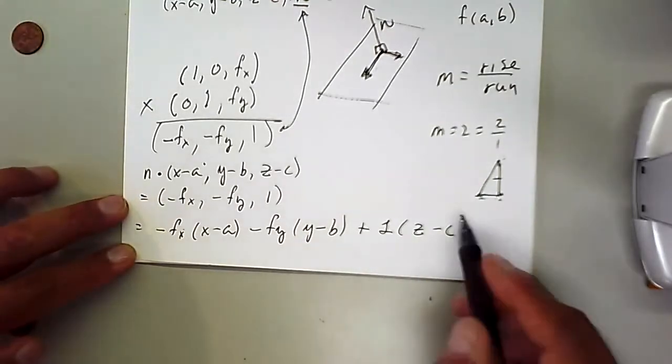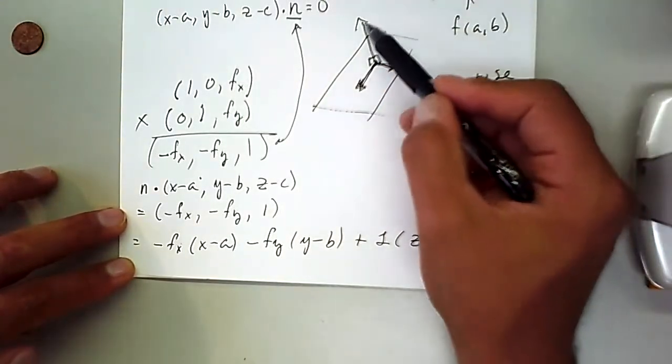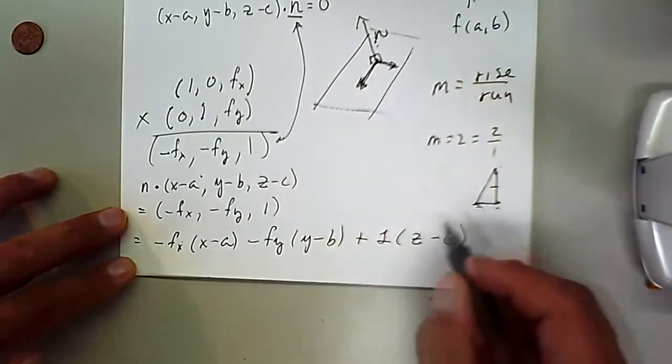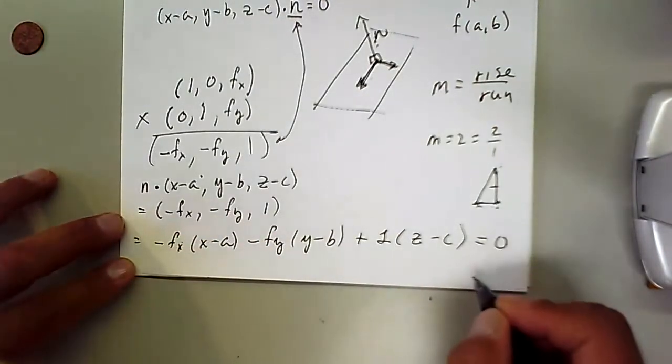And because we want this generic vector and this normal vector to be perpendicular, we want this dot product to be equal to 0.